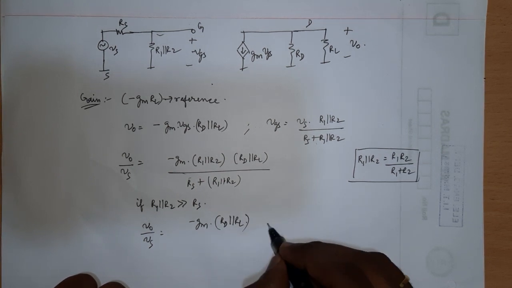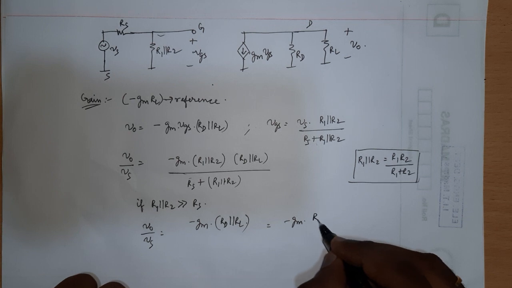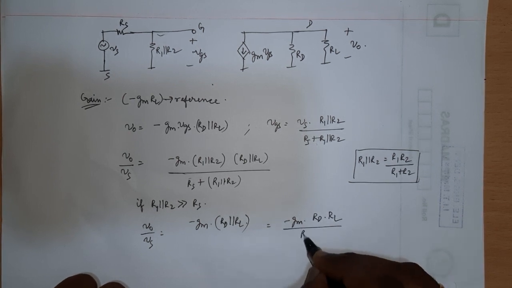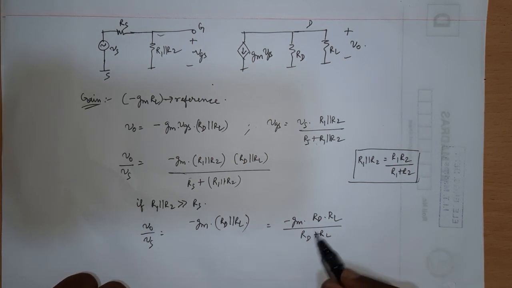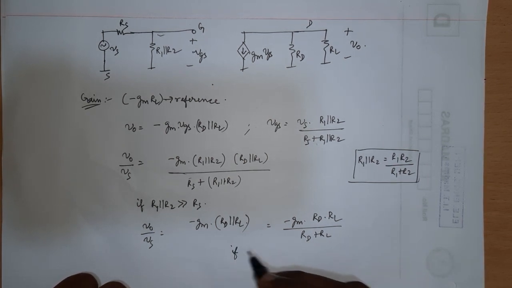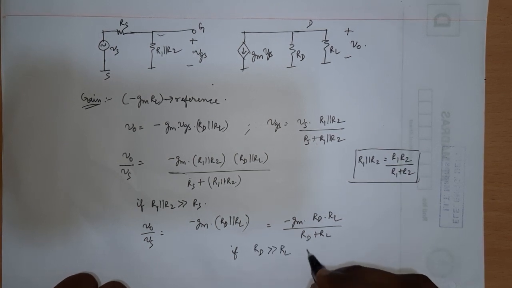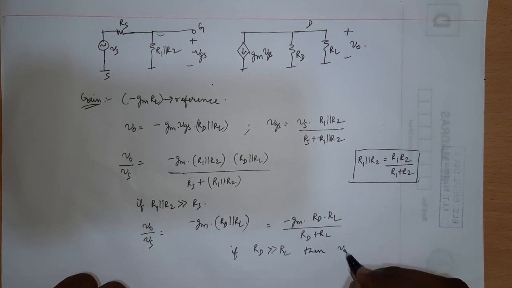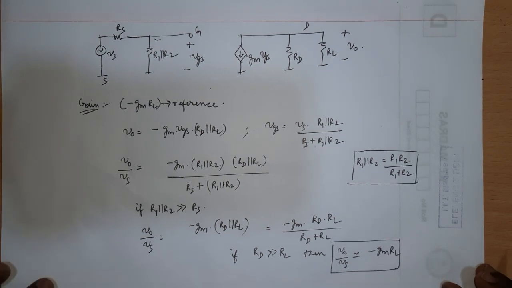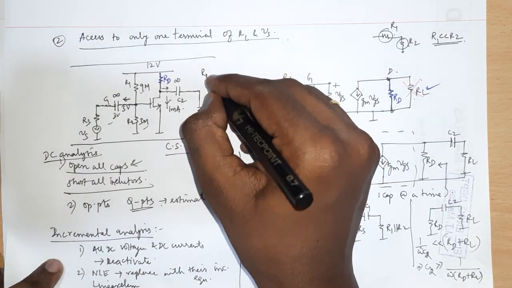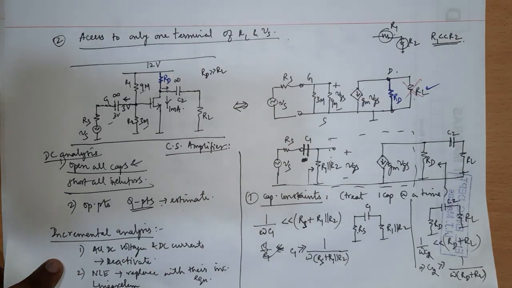Which is nothing but minus gm into RD times RL divided by RD plus RL. So here also, if I choose RD much larger than RL, then my V0 by VS would be approximately equal to minus gmRL. But the problem is, if I choose RD much larger than RL, what happens?